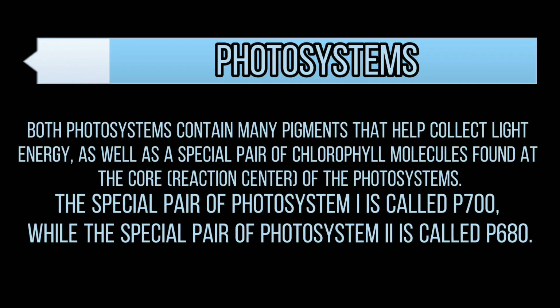Both photosystems contain many pigments that help collect light energy as well as a special pair of chlorophyll molecules found at the core reaction center of the photosystems. The special pair of photosystem 1 is called P700 while the special pair of photosystem 2 is called P680.